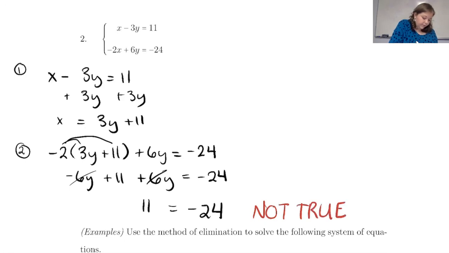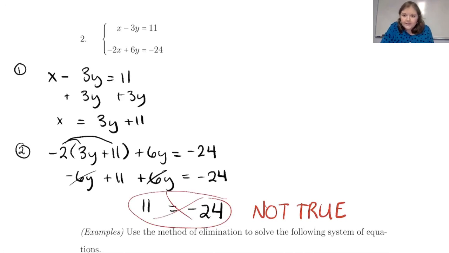So we've sort of arrived at a contradiction in our step 2. So whenever you get a situation like this, where when you try to plug one equation into the other and you get something that doesn't make any sense, like 11 equals negative 24, then you know that you have got an inconsistent system that does not have a solution. So in this case, there's no real way to do steps 3 and 4 of the substitution because you've got something that just doesn't have a solution.